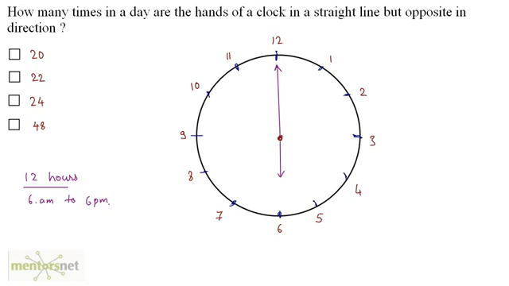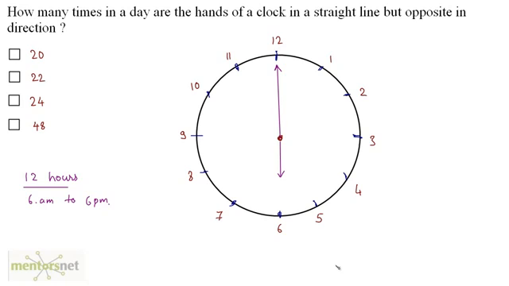Now every hour it happens once, isn't it? And the last position will be at 6 p.m. and the position of the hands will be the same as it was at 6 a.m., right? So how many hours have passed by? Well, 12 hours have passed by. And how many times did the two hands come in a straight line and in opposite directions?